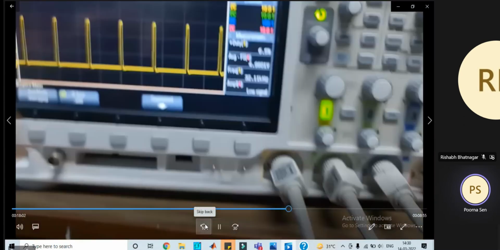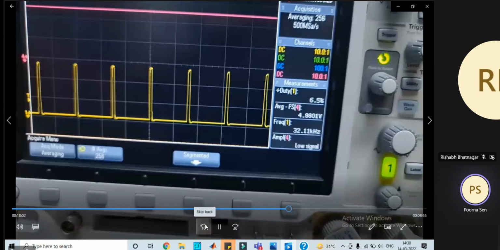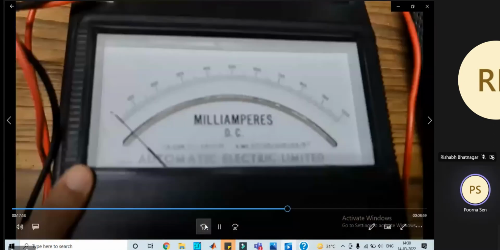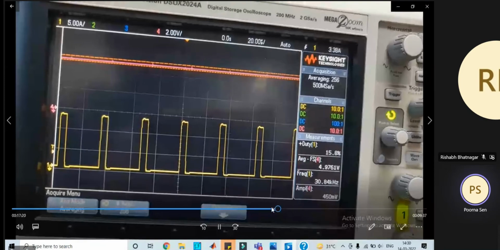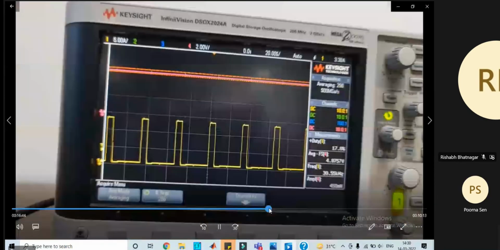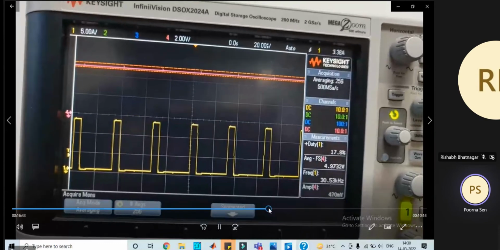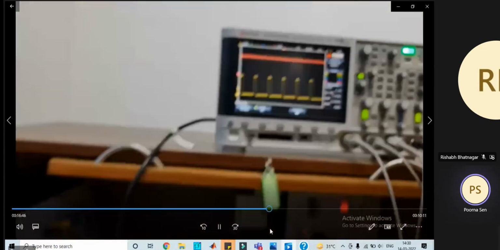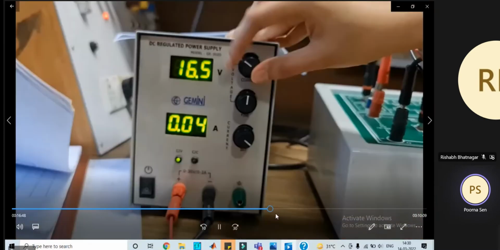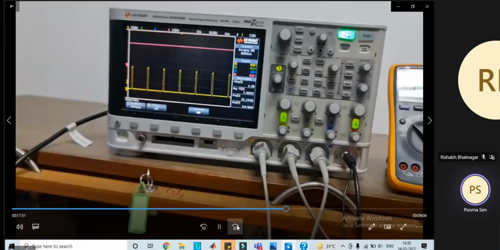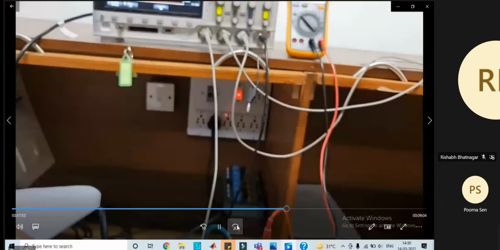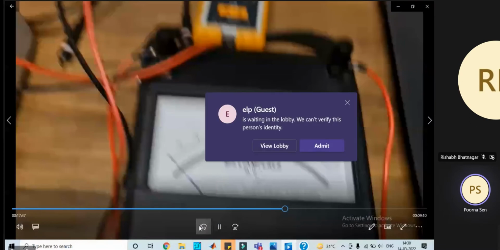Duty ratio is 6.5%, and the output voltage is 4.975. Output voltage 4.974.